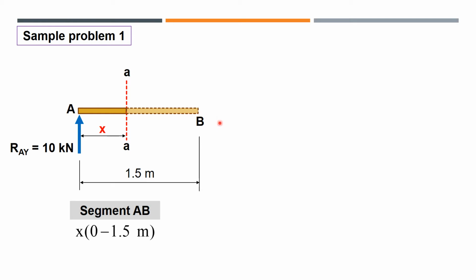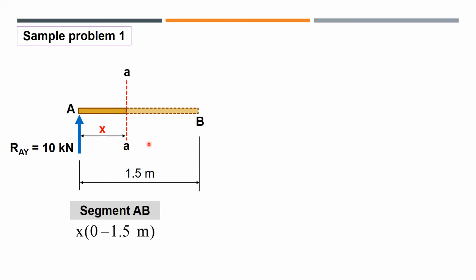So we will be detailed for now so we can see how we got this, or why it became from 0 to 1.5. It's because, again, this cutting plane passed between A and B of segment AB, and the limit, we call this the limit, is 0 to 1.5 meters.